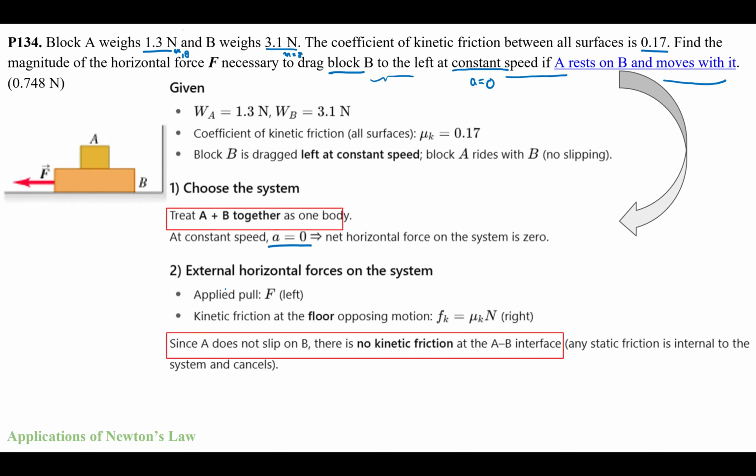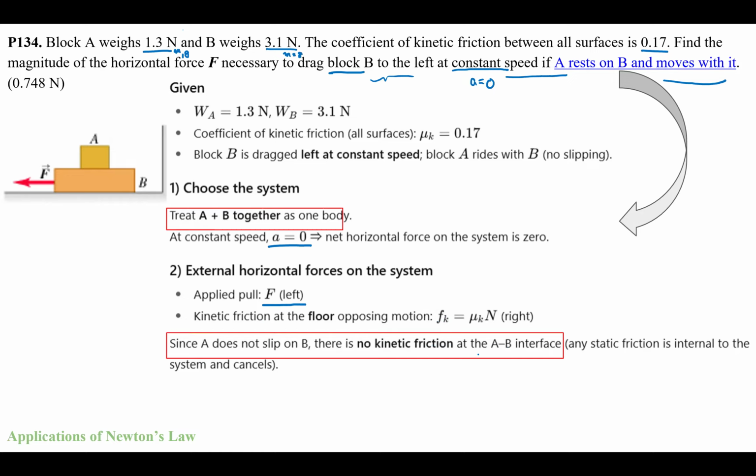And in order to find out what is happening here, the external horizontal forces on the system are the force F and the kinetic friction at the floor opposing the motion. Since A does not slip on B, there is no kinetic friction at the A-B interface.